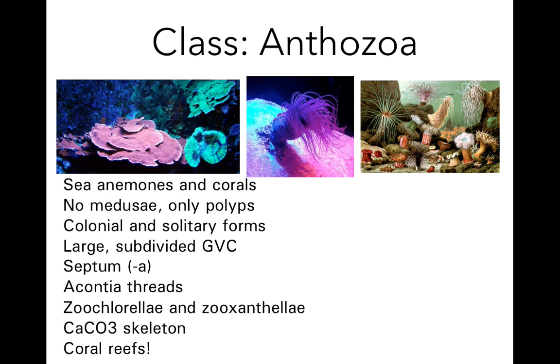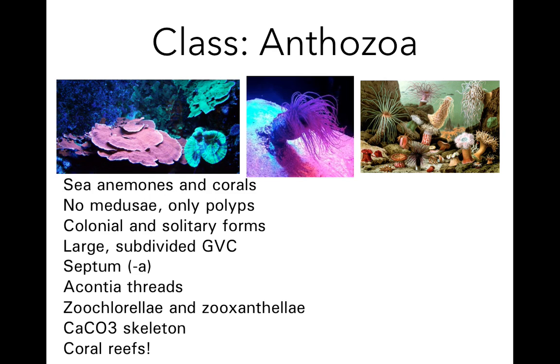Members of the Anthozoa frequently have endosymbiotic organisms living with them that are photosynthetic. If they're green, they're called zoochlorellae, and if they are yellowish, they're called zooxanthellae. So chloro means green, and xanth means yellow.